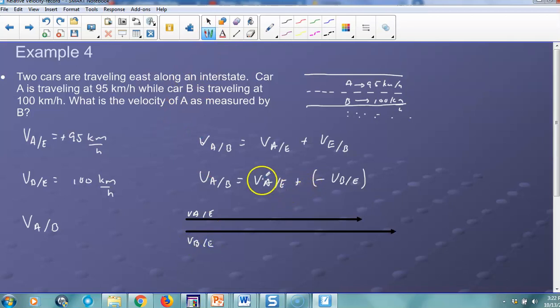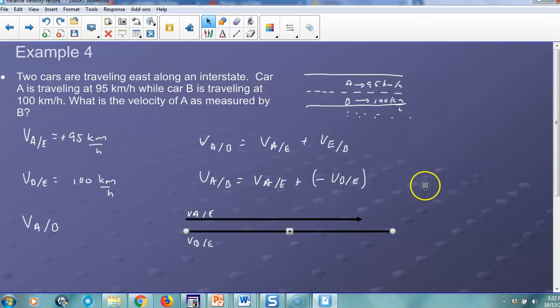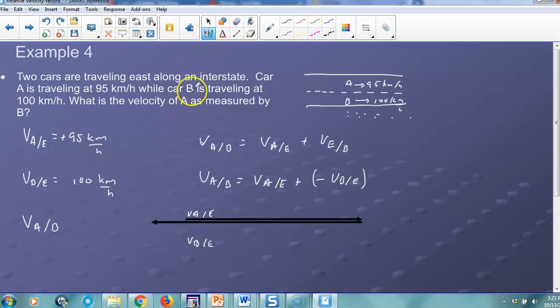So our vector sum is going to be the sum of A relative to Earth minus B relative to Earth. So I can then flip this vector, and then I can move it tip to tail, A relative to Earth plus the negative of B relative to Earth. And that gives me this leftover zone here, which would be the resultant.